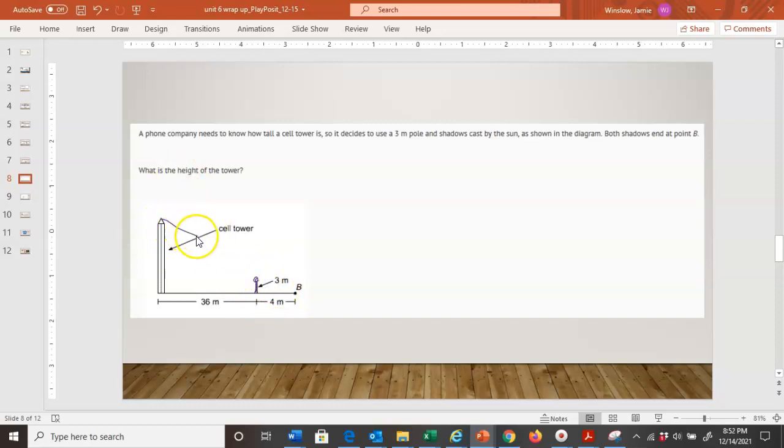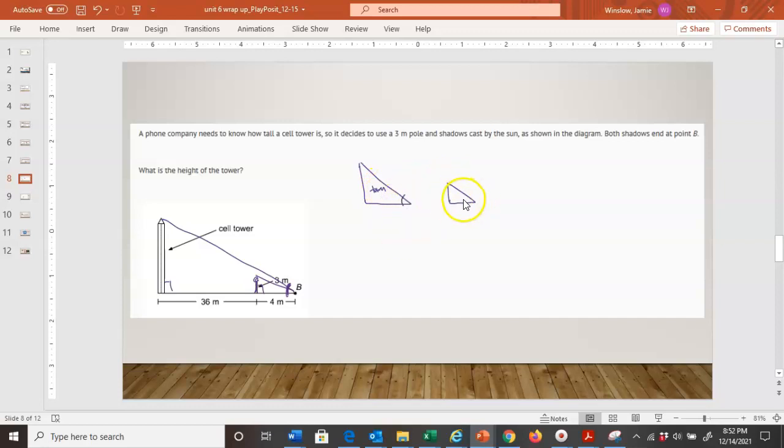We can form 2 triangles and both of these are perpendicular to the ground and then they share angle B. So if you wanted to, we could draw 2 separate triangles, the tower triangle and the pole triangle.